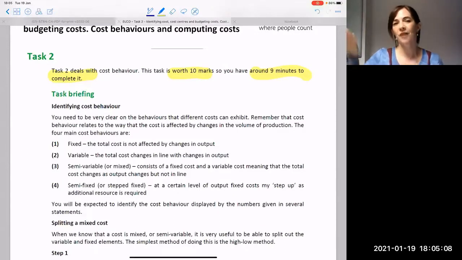And then on top of that, you might have a variable element for usage. And what we need to be able to do as part of this task is split those semi-variable costs down into the fixed bit and the variable bit, so that we can then apply that and say, okay, if I know I'm going to make 100 units, for example, what is my total cost going to be? So let's have a look.